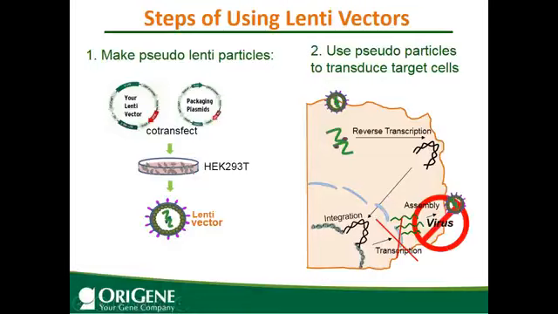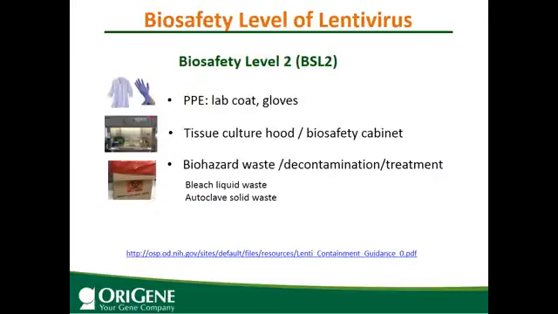So what protocols need to be followed for safety? The biosafety level of lentivirus is biosafety level 2, which is the same as cell cultures. So you will need personal protection equipment like a lab coat and gloves. And the lentivirus needs to be handled in a tissue culture hood, also called a biosafety cabinet.